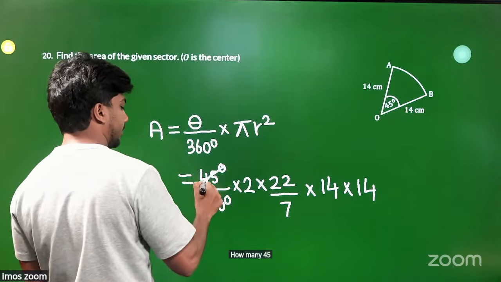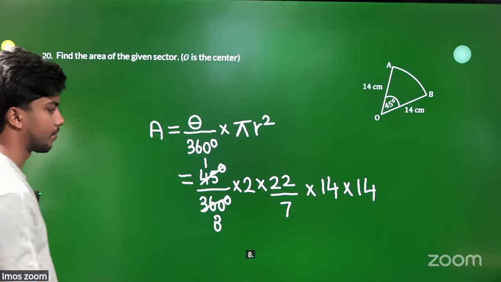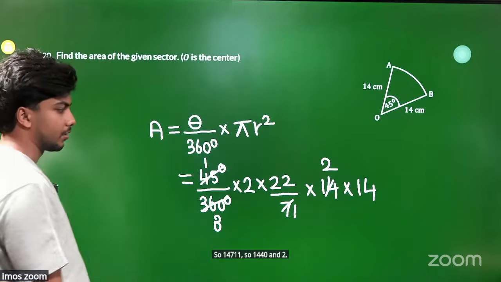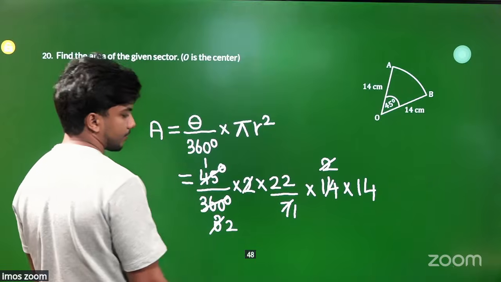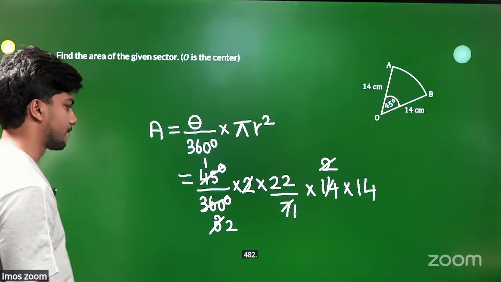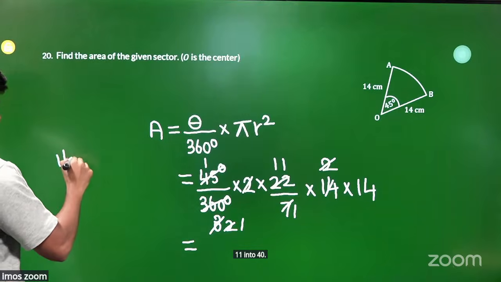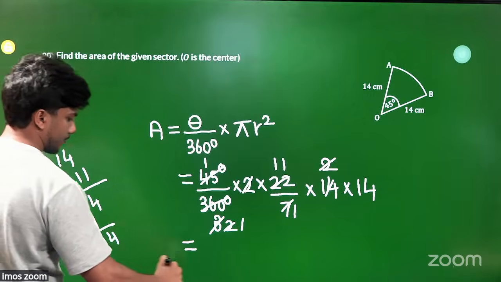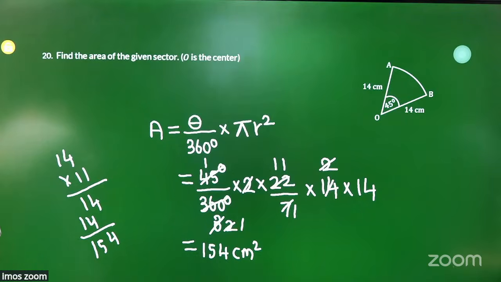How many 45s for 360? 8. 7 fours are 28, 7 twos are 14. 11 into 14 is 154 centimeters square.